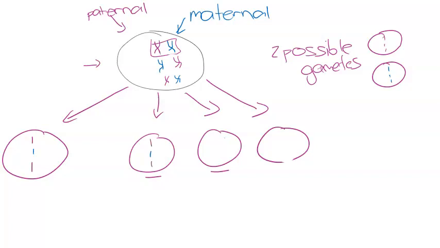And on this side we would have 2 maternal chromosomes and 1 paternal each. So that's 2 different types of gametes there. By switching those around, we've changed that to 4 possible gametes.